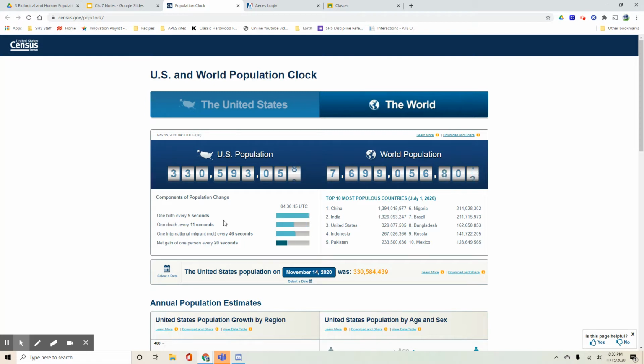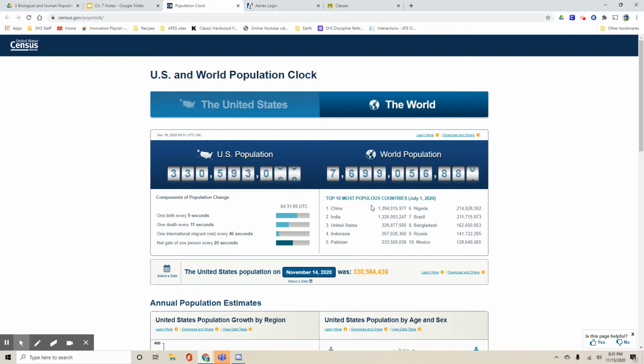So one birth every 9 seconds, one death every 11 seconds. So our birth rate is a little bit faster than our death rate, so we're increasing in population. And then there's one international migrant every 46 seconds. If you factor in all of these things, we gain one person every 20 seconds in the US.